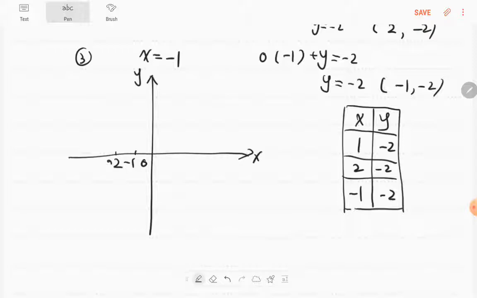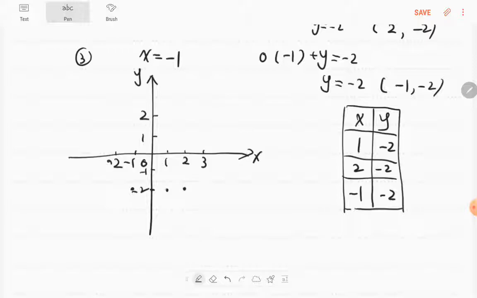So we check the first value. Let's see, x equal to 1, y is -2, so it will be this one, right? x 1, y -2. Second one, x 2, y -2. This time x is -1, but y is -2, so it will be like this way.